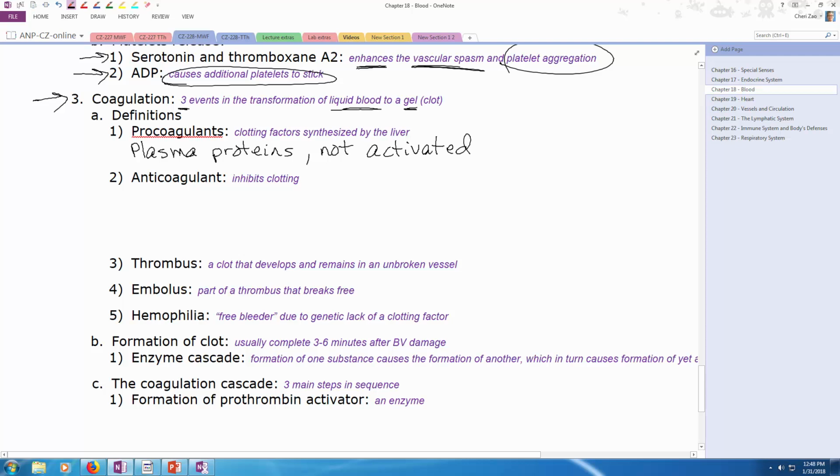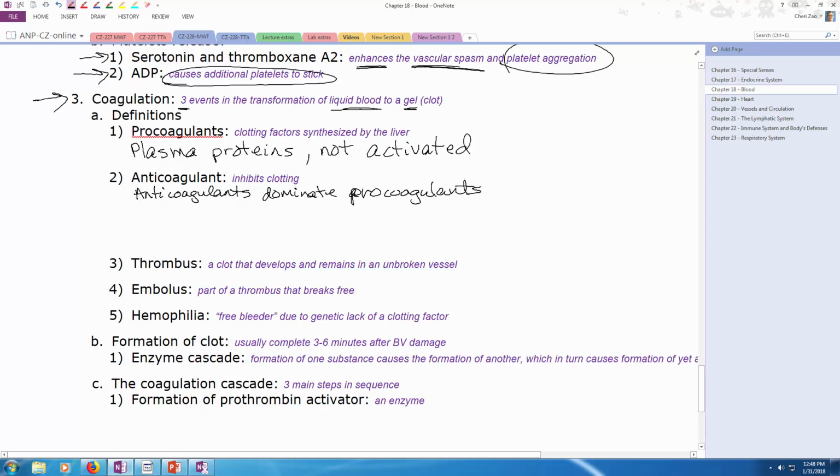We also have floating around in our bloodstream naturally occurring anticoagulants. And what's nice is the anticoagulants typically dominate the procoagulants. Which is really great.